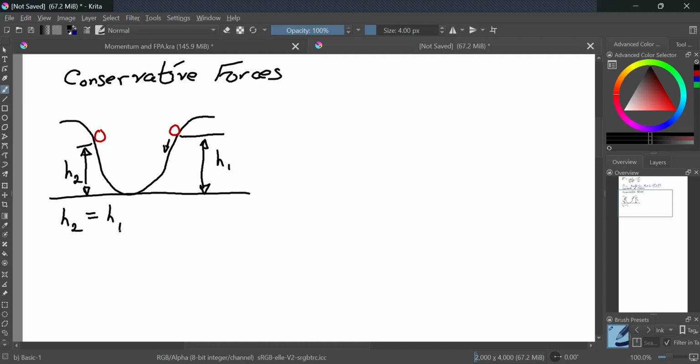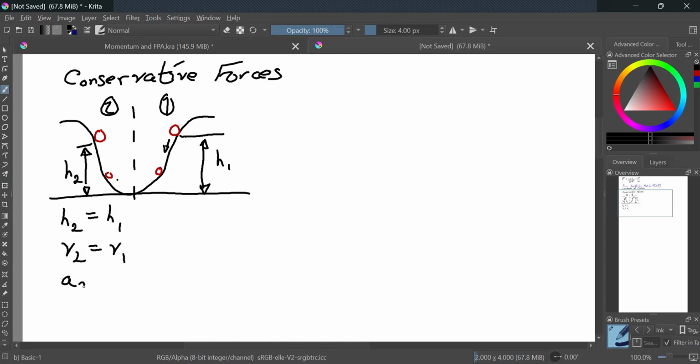But that's not the only unique property. If we were to draw an imaginary line through the middle of our symmetric valley here, and we wanted to look at the ball, say, here or here, we would not be able to distinguish between the two, because not only are the heights the same, but the velocity on side 2 is going to be the same as the velocity on side 1.